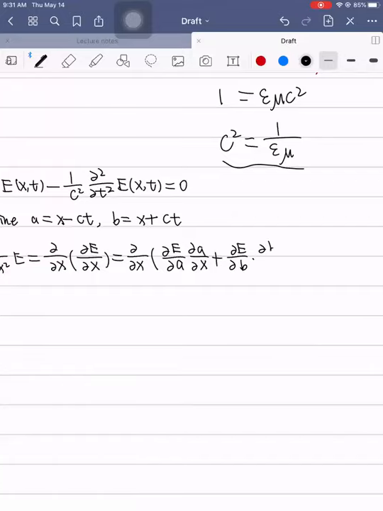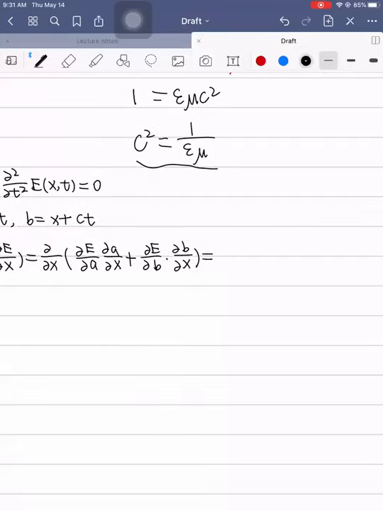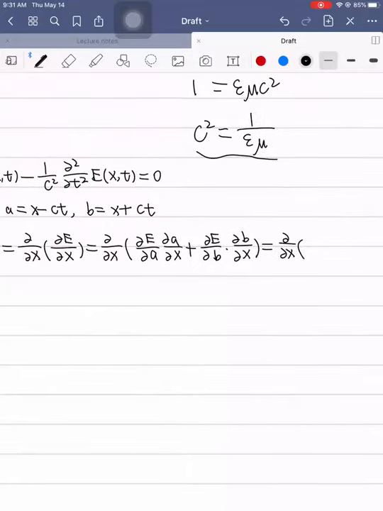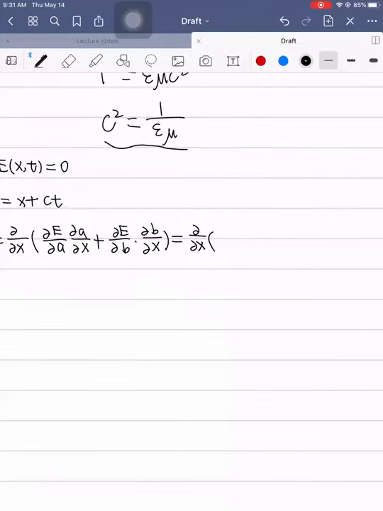And the other one is B. Since the coefficient of x in both equations is 1, this can be written as this, because this is 1, this is 1.